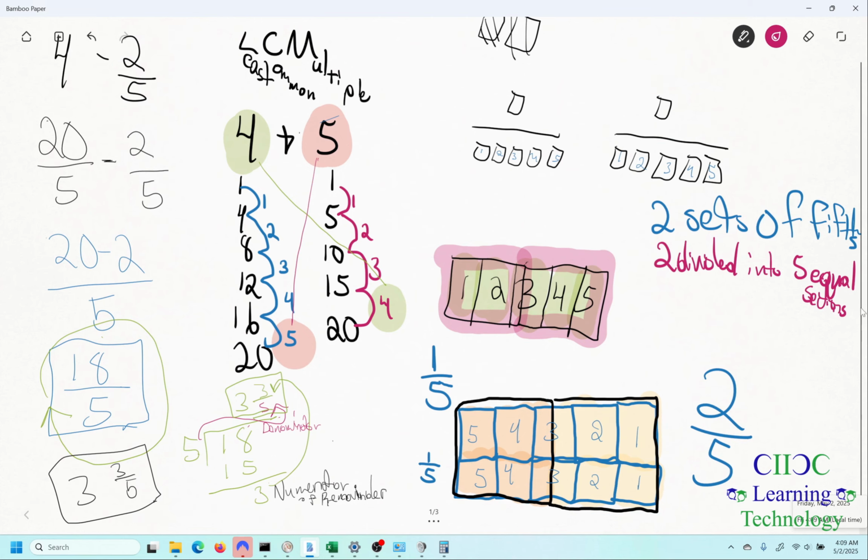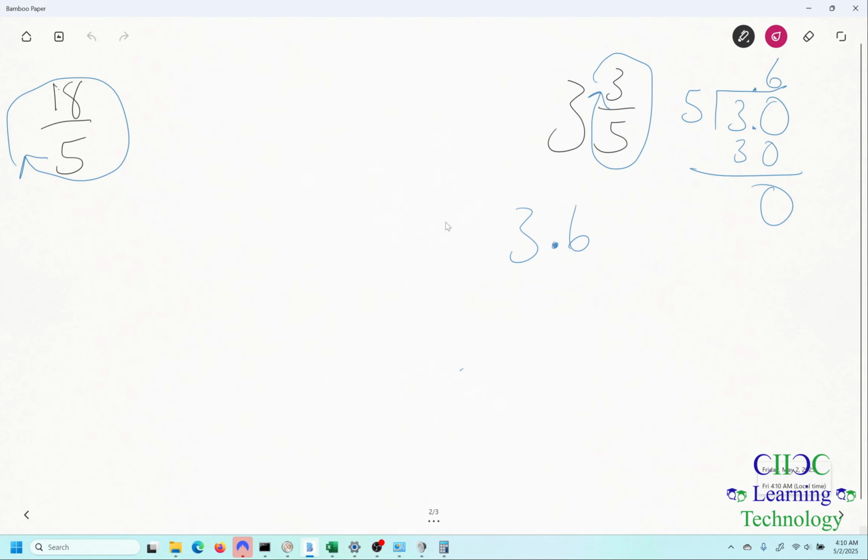What I then decided to do was to talk about that in terms of a decimal, just as a means of checking. So we already went over this: 5 goes into 18 3 times with 3 left over, and that gets us here. So that 3 can be looked at as separate, because this is 3 plus an additional 3/5.